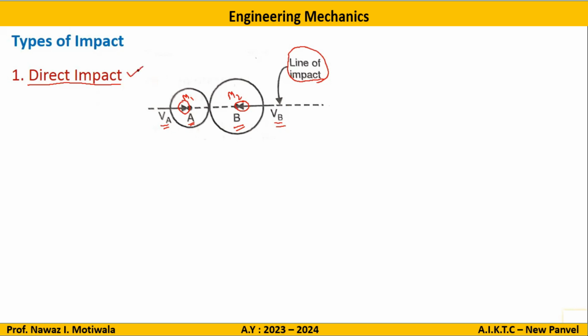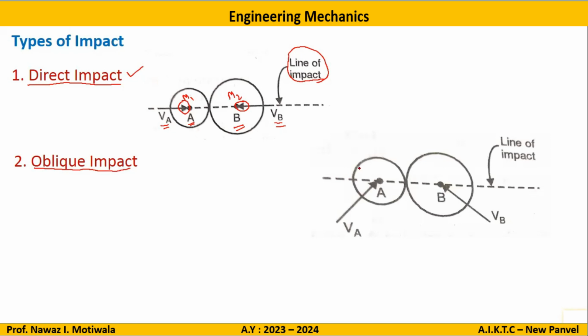Let us see the second type of impact, which is the oblique impact. Again, from the figure you can see a body A of mass m1 and a body B of mass m2, colliding with each other for some time period t. Just observe figures 1 and 2.